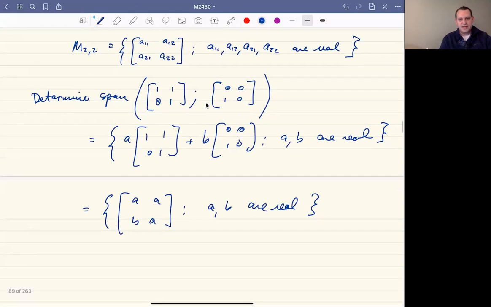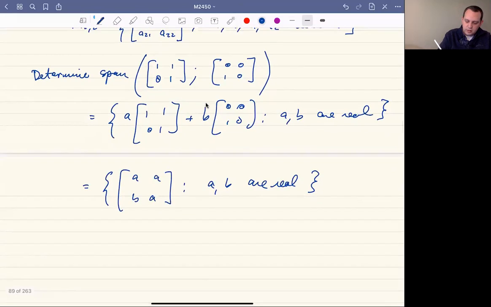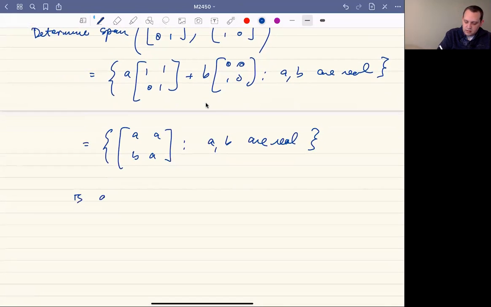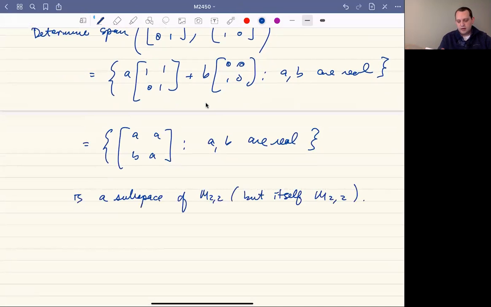The subspace is not all of M22, so this is a subspace of M22, but not itself M22. And the reason you know it's not the set of all 2 by 2 matrices is that, for example, the set 1, 2, 3, 4 is not in this span.